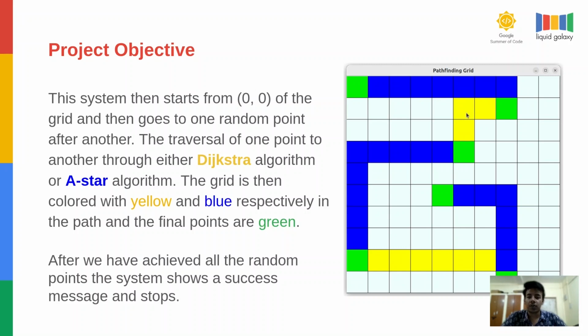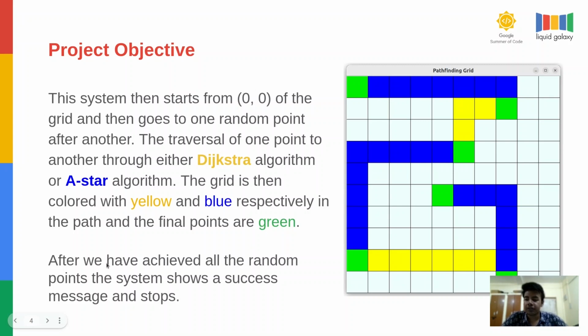So the path is covered by yellow and the final points are green. You can see the start and final points, and all the respective random final points we have sent, are green here. We will configure this later in the code. You can then understand it more clearly.